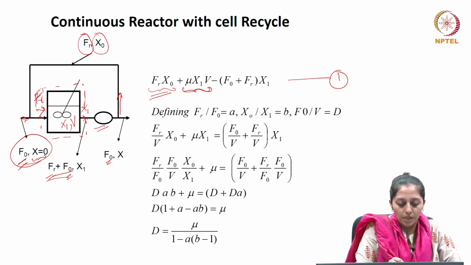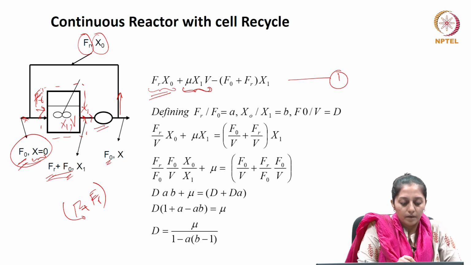So, x1 comes out of the reactor; it is the outlet. F0 plus Fr should be the flow rate outside the reactor if the volume of this CSTR is constant.